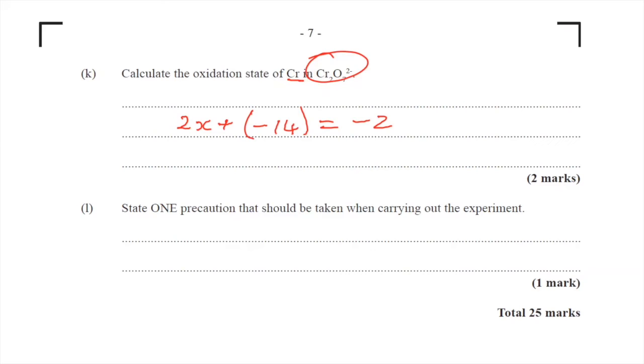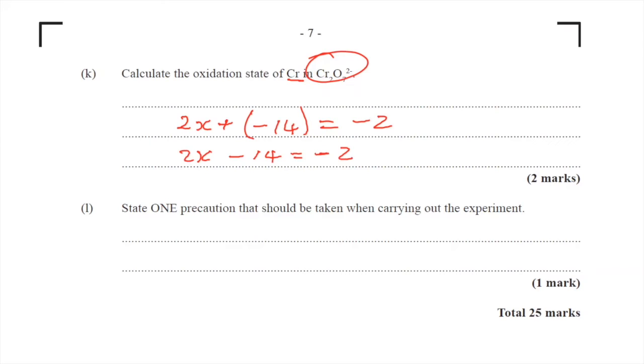So in essence, 2x minus 14 is equal to -2. All right, don't want to leave out any steps. We're going to put all the like terms together, and when we do that, we add 14 to both sides.